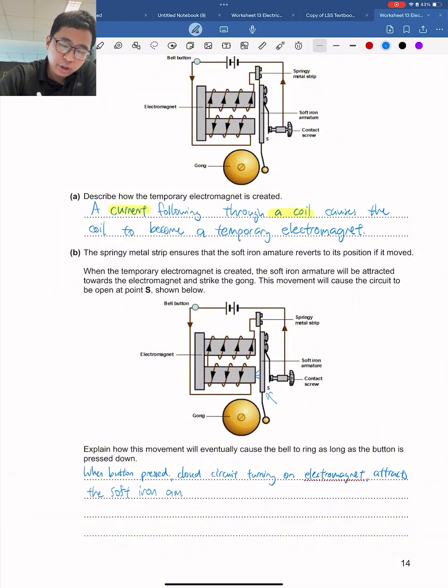You know it attracts because iron is a type of material that can be attracted. So it attracts the soft iron armature, striking the gong.